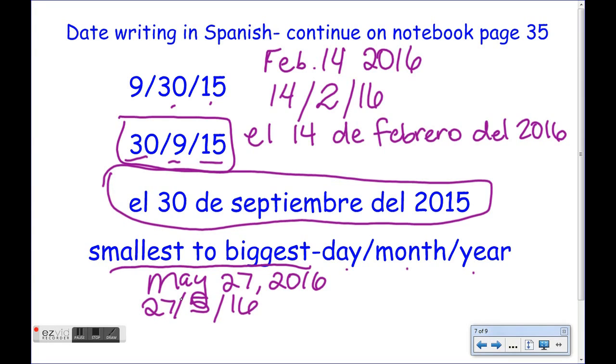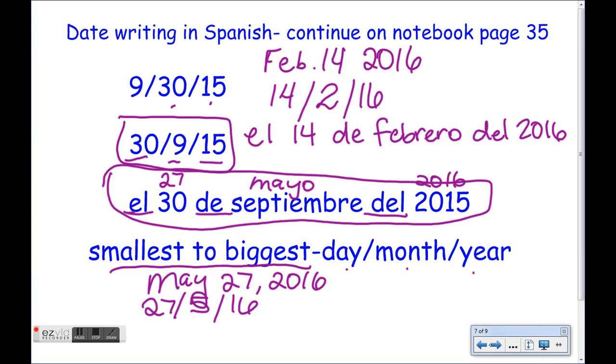So if we extend it out, we say el 27 de mayo del 2016. So notice how we use these every time. Pretty simple. Alright, so that's date writing.